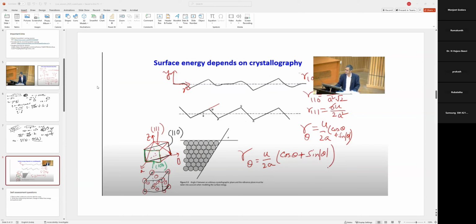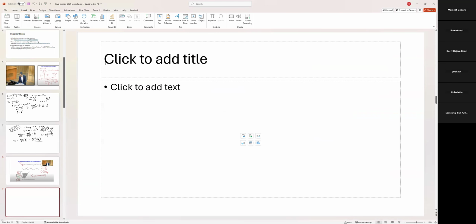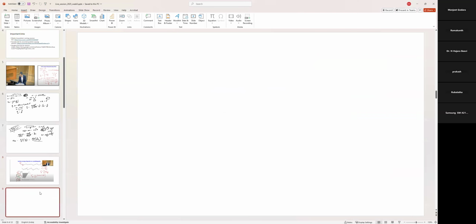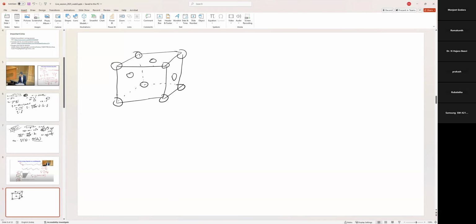So if you have an FCC crystal, which is a face-centered cubic system, atoms are sitting on the faces of each of these cubes, at the center of each face.